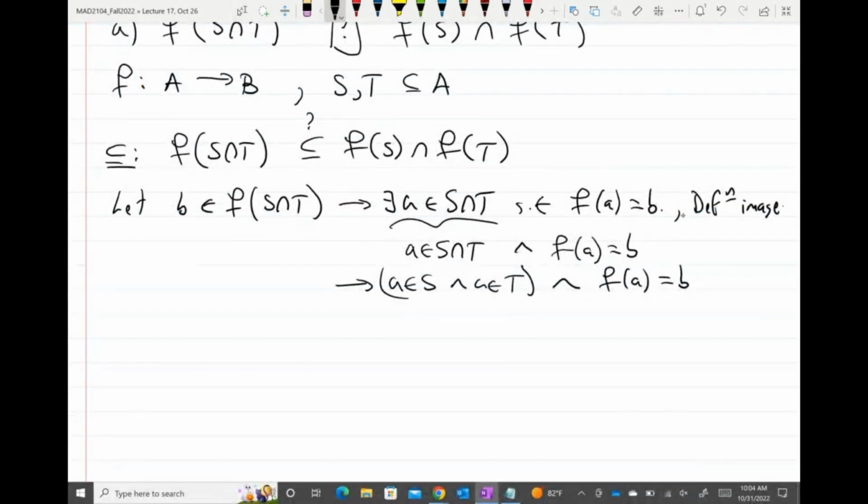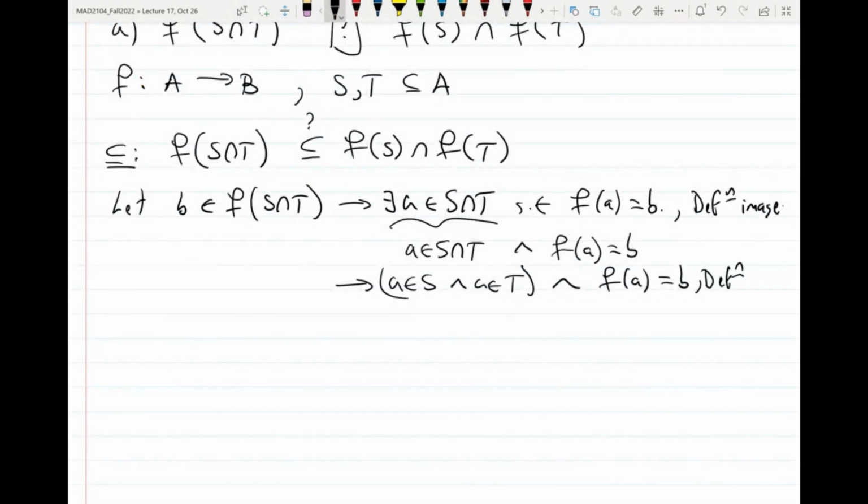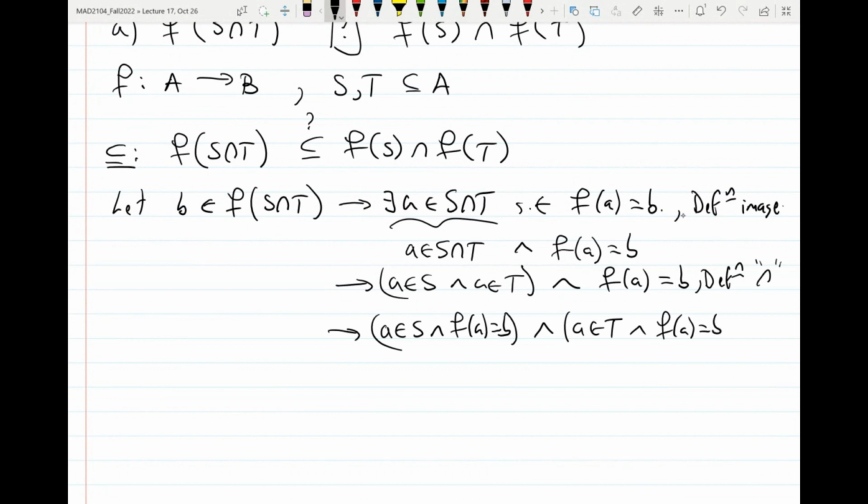Here we use the definition of intersection. So it follows that a is in S and f of a is b, and a is in T and f of a is b.